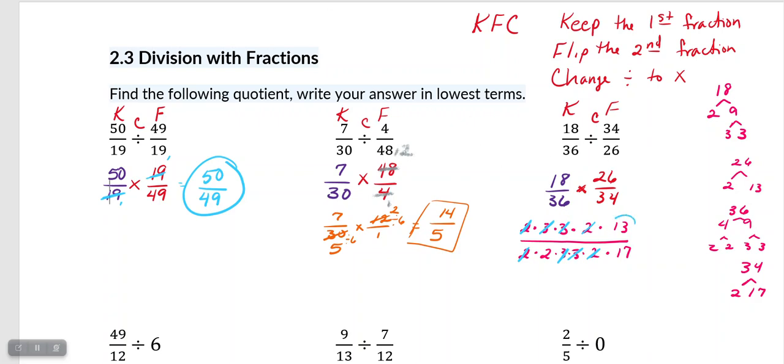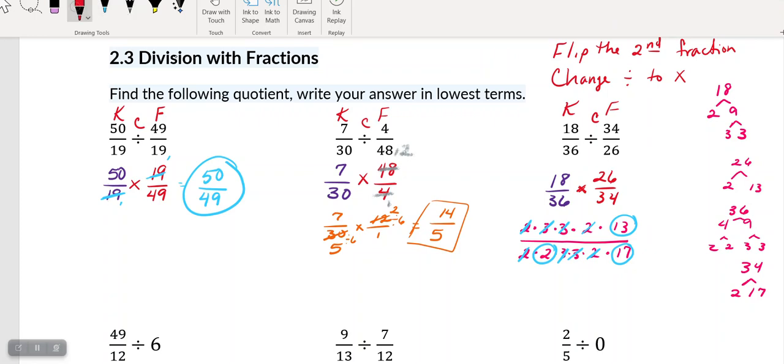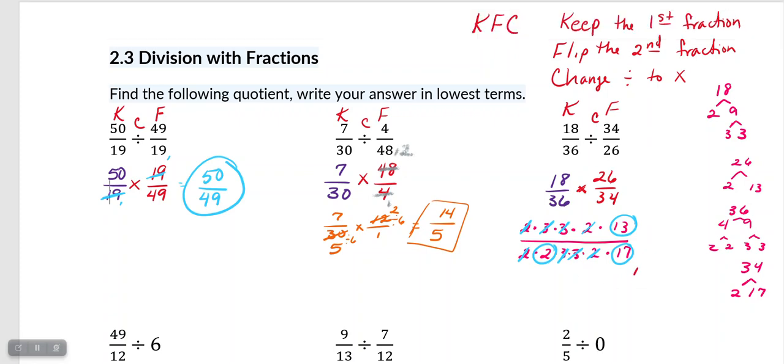So that leaves me with a 13 on top, a 2 and a 17 on the bottom. So I have 13 over 2 times 17, which gives me 13 over 34. It's a little bit longer of a process sometimes, but you're definitely going to get the right answer.